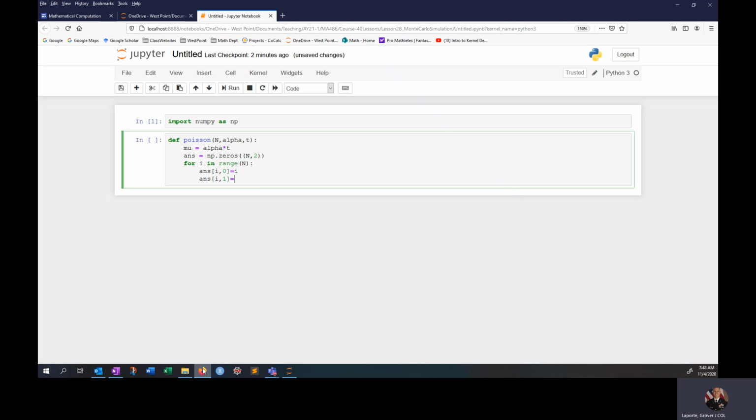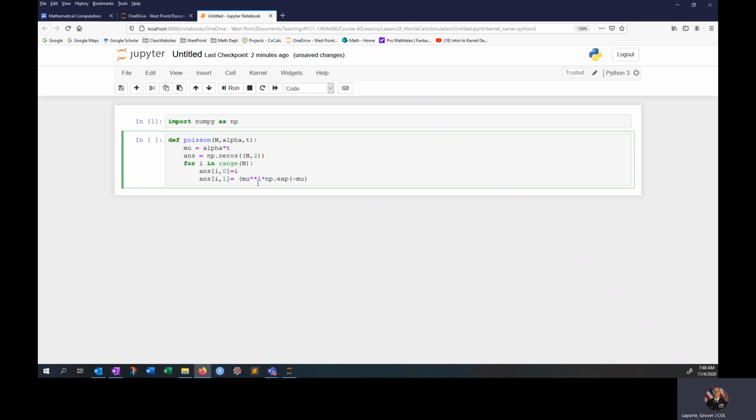So let's go back. I want it to be mu to the ith power times np dot exponential of negative mu. Yeah, negative mu, I think it is.